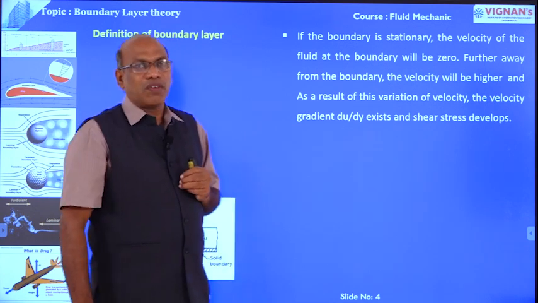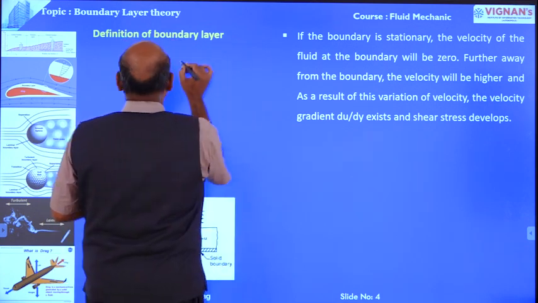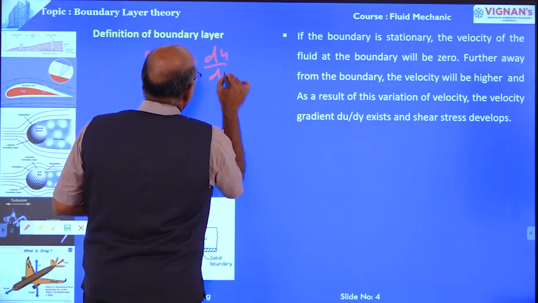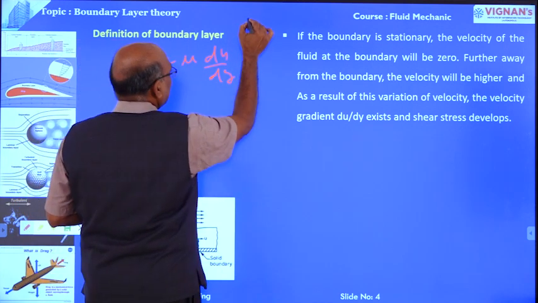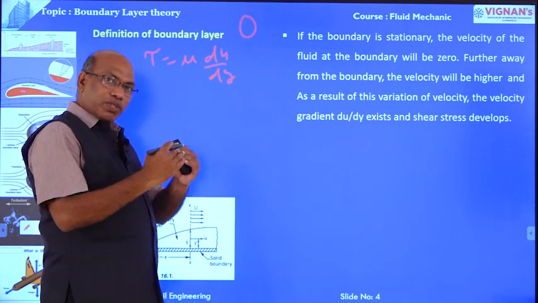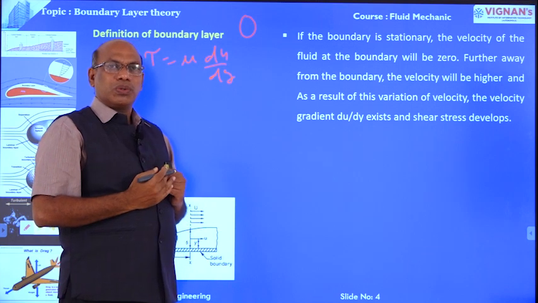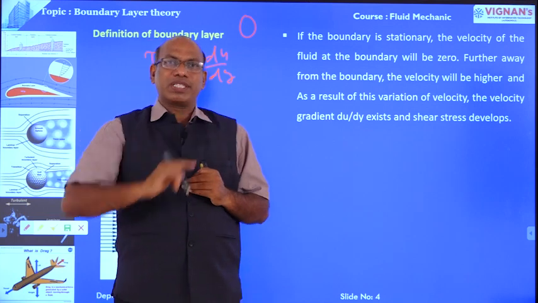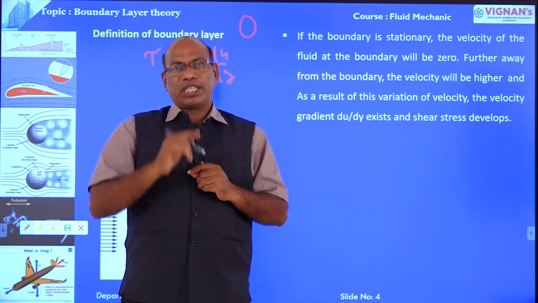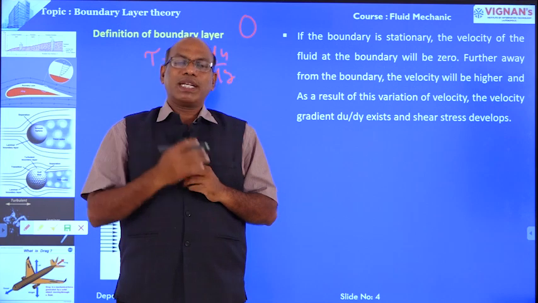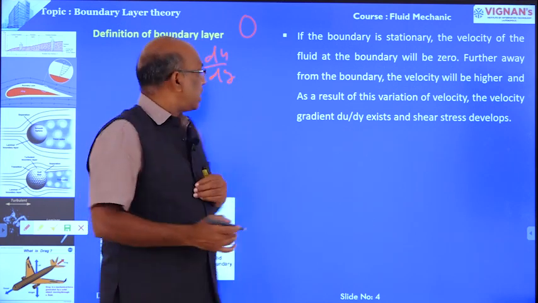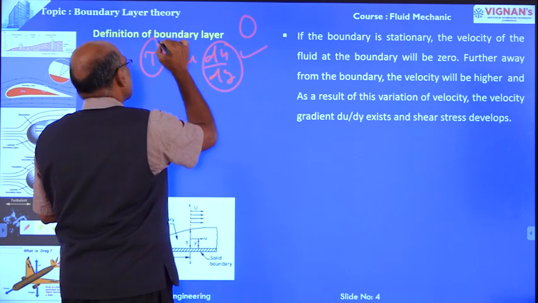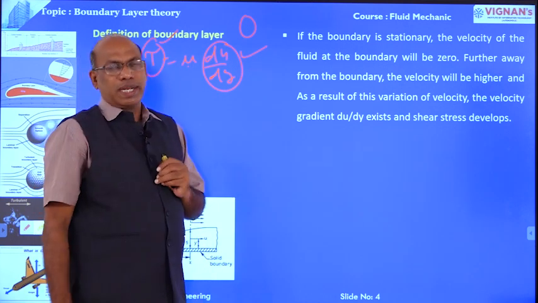Once the velocity gradient develops, shear stress tau is equal to mu into du by dy. Once velocity changes from 0 to u, du by dy exists, and automatically shear stress exists.